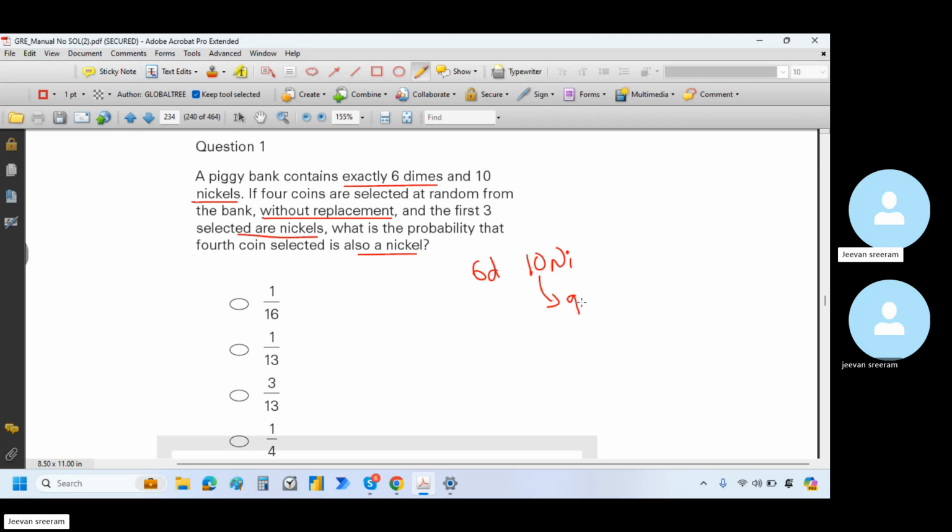So we will have 9 nickels after selecting one, and then 8 nickels after the second, also a nickel, right? 7 nickels after selecting 1, 2, 3.